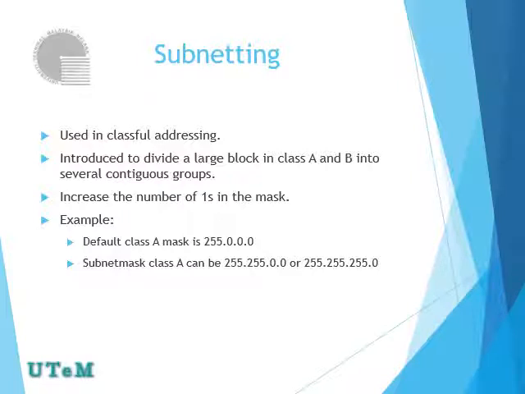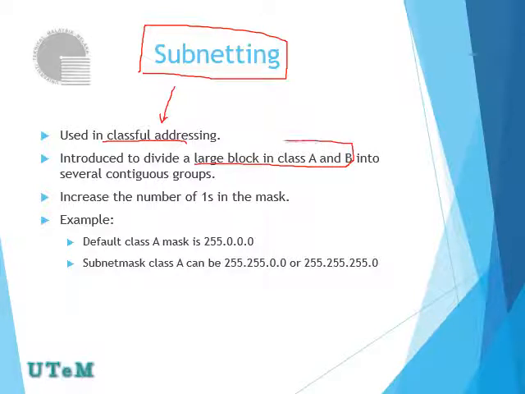Okay, we are done with the default mask. Now we are going to discuss subnetting and the concept of subnetting. What is subnetting? As I mentioned before, subnetting is used only in classful addressing, introduced to divide a large block in class A and B into several contiguous smaller groups.